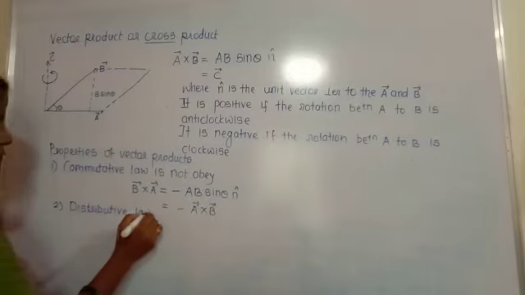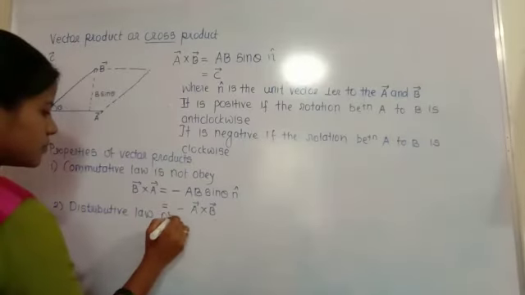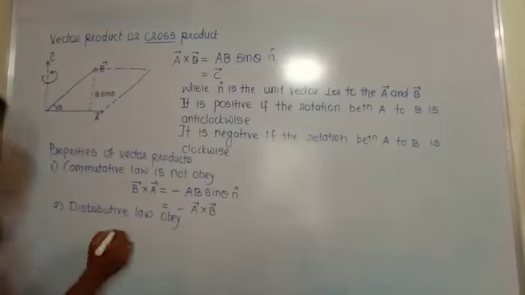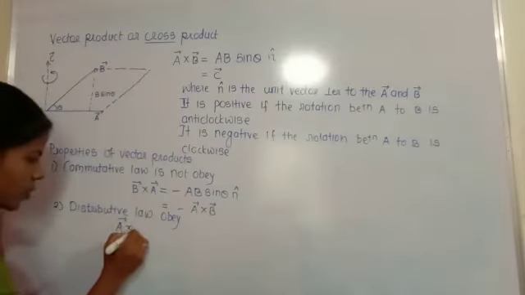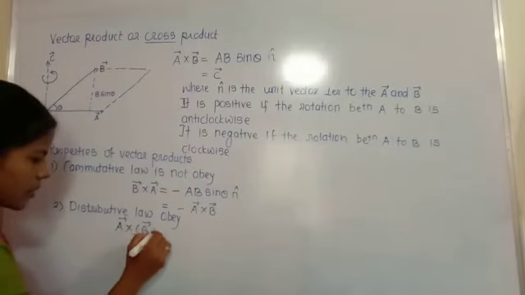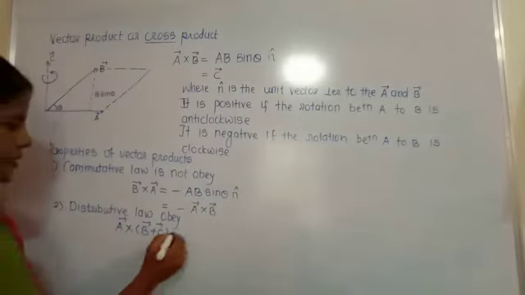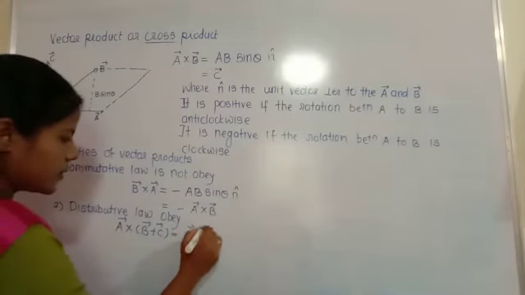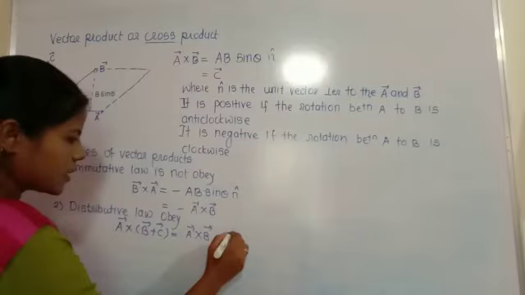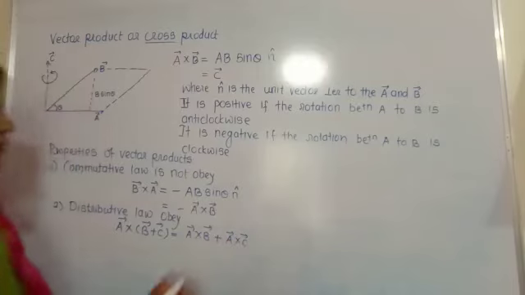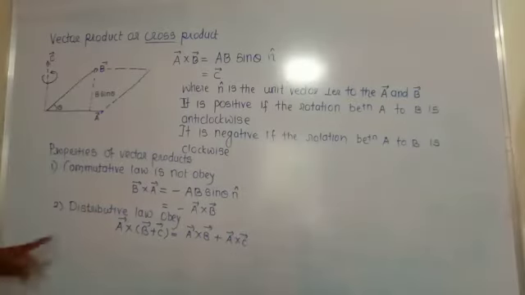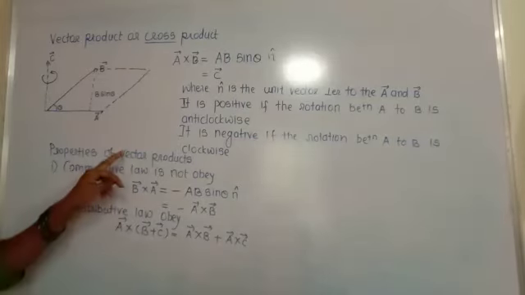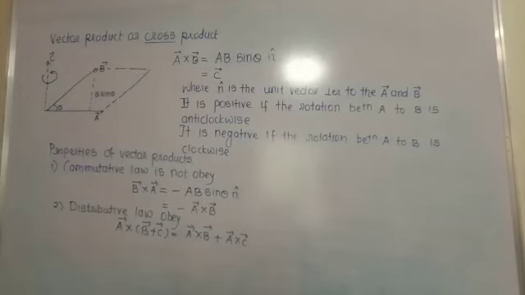So we know the distributive law, that is vector A cross vector B plus C is equal to vector A cross vector B plus vector A cross vector C. Okay. So this is the distributive law followed by the vector product, or the distributive law is obeyed by the vector product of two vectors.